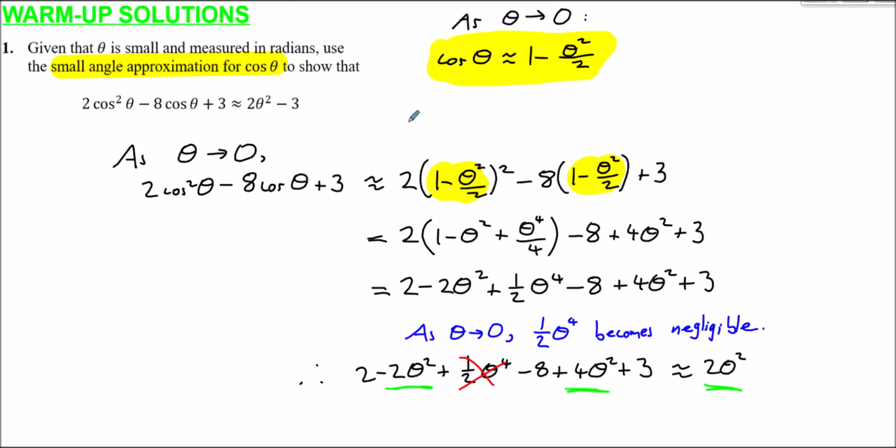And then the constant terms, we've got a 2, minus 8, and plus 3. So 2 minus 8 is minus 6, minus 6 plus 3 gives us minus 3 as required. And so that's the full solution done. So indeed, 2 cos squared theta minus 8 cos theta plus 3 is, as theta approaches 0, pretty much the same as 2 theta squared minus 3.